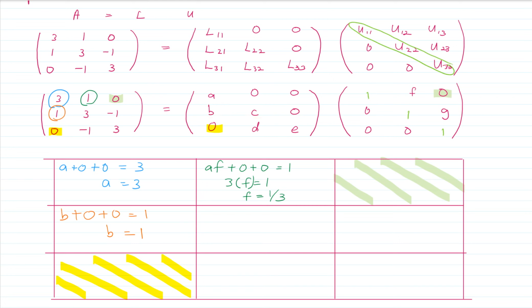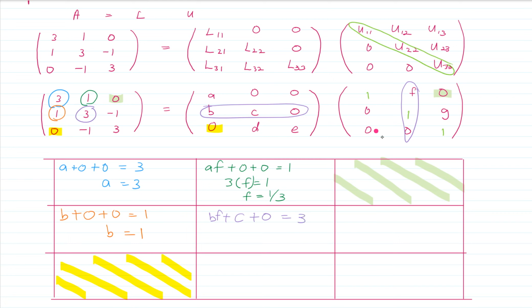Okay, now we move to the next operation. This row times this column. So B times F, BF, plus C plus 0 times 0 is 0, equals this value 3.